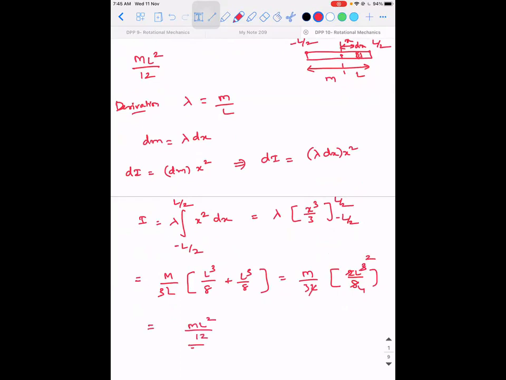Answer will be ml square divided by 12. Got it? Yes, sir. So in a similar way, the moment of inertia is derived for all other particles as well.